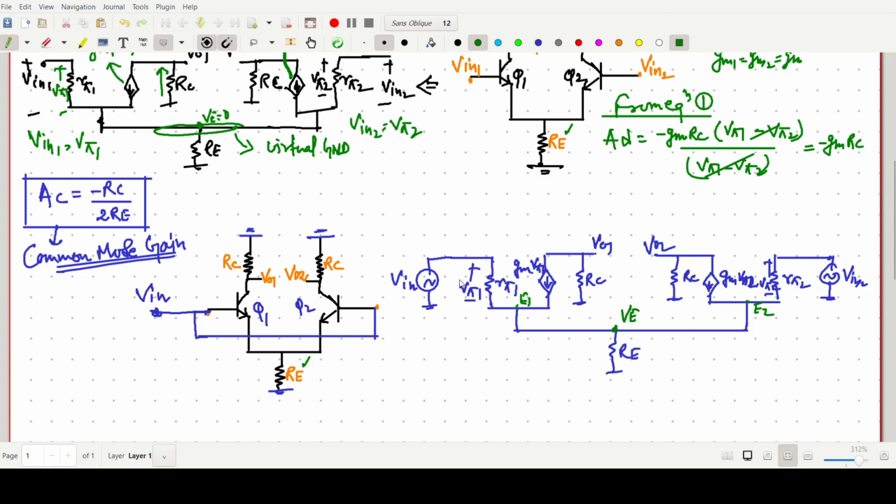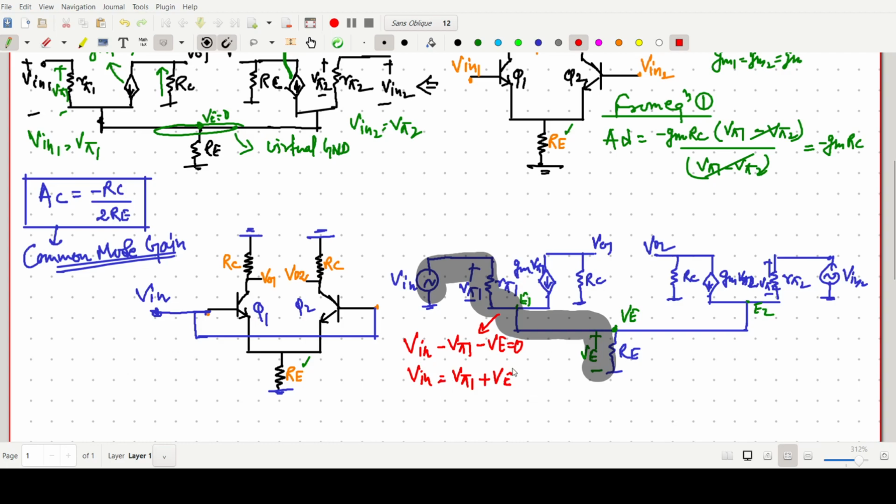Now suppose if we apply KVL in this loop, in this black one, then what we can write? V in minus V pi 1 minus VE equals to 0. By applying KVL, V in equals V pi 1 plus VE.